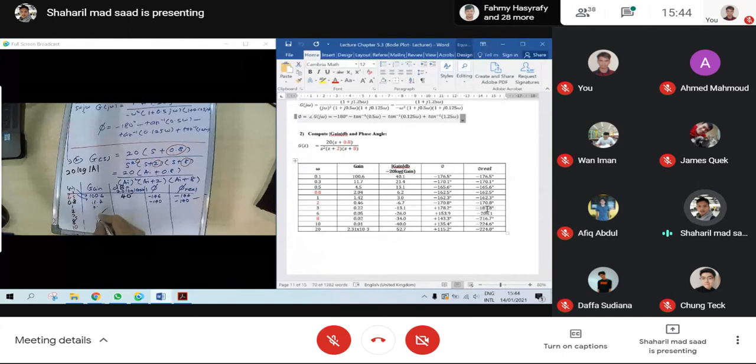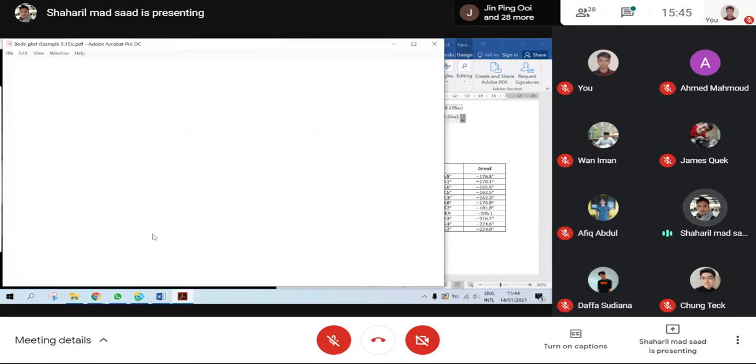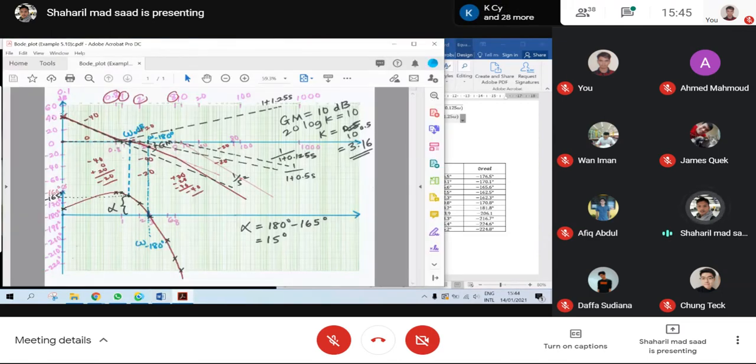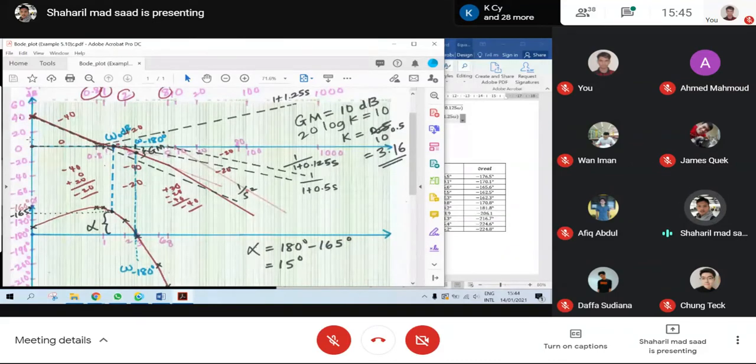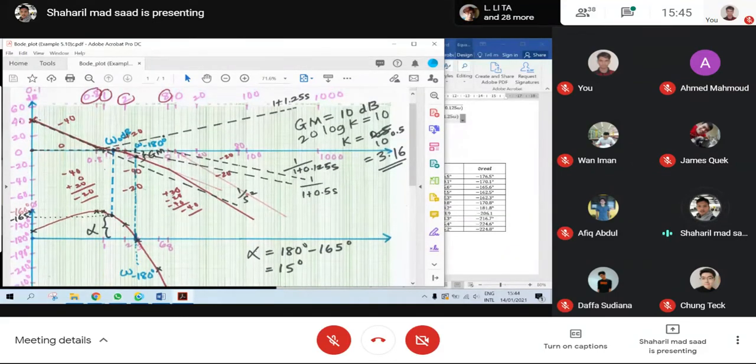And then 11.7 is 21.4. So you got all these values. In order to plot the Bode plot, you just need to use this value and also this value. So go into your Bode plot. You just make the scale 0, 20, 40 and 60, and you just plot.